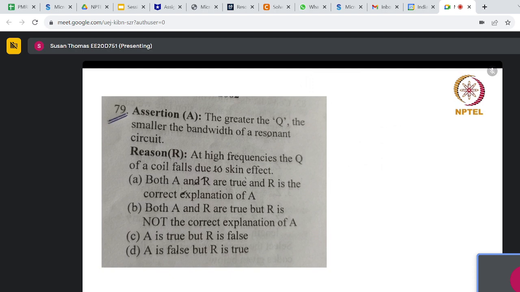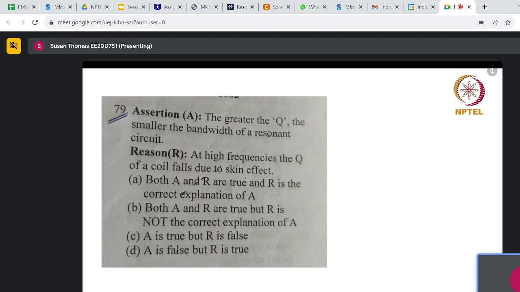Okay, coming to the next question. Again, it's an MCQ, an assertion reason question. So there is a statement. Assertion means you are given a statement. Reason means for the first statement, there is some reason.